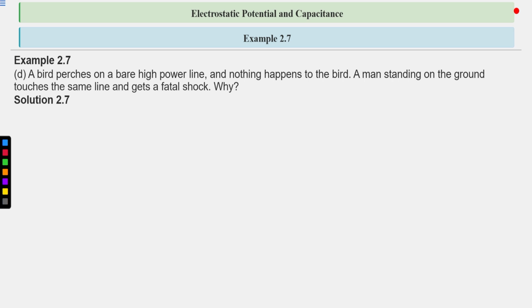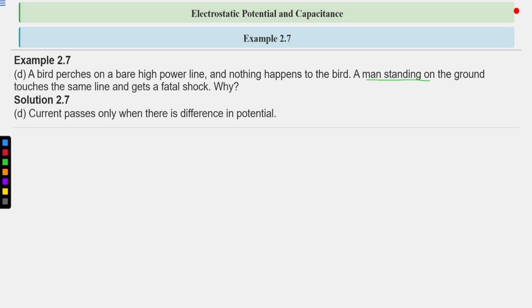So the solution is, current passes only when there is a potential difference. Okay. So when you touch the wire, your hand is on the wire, which is at high potential, a high voltage power line. So your hand is at high voltage. Your feet are on the ground.